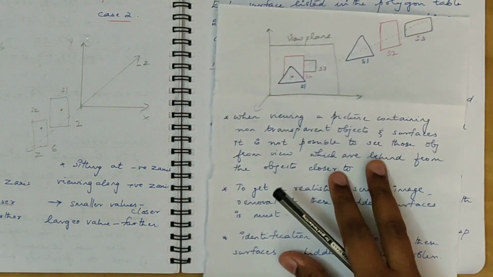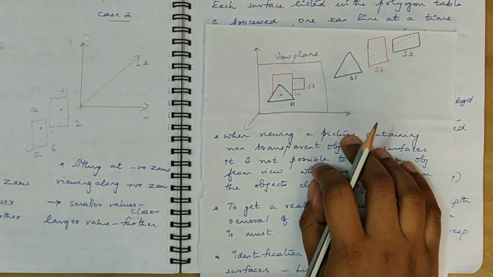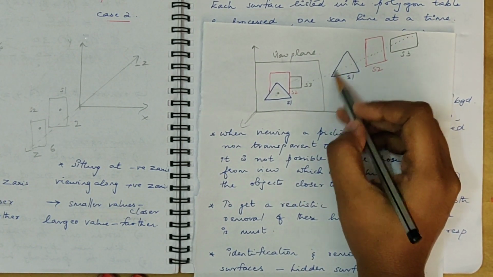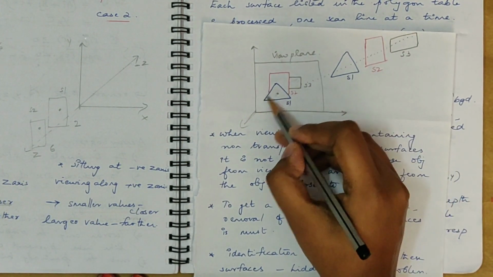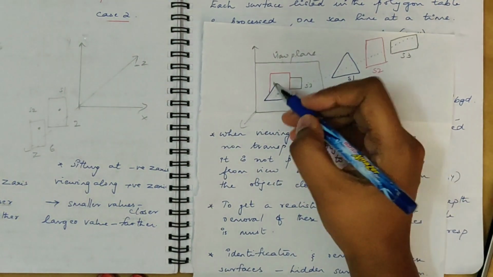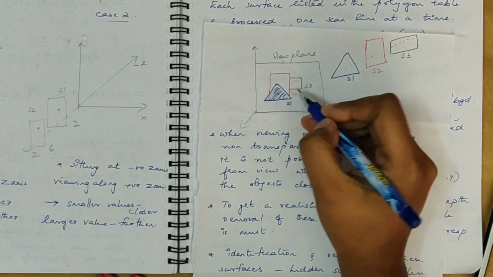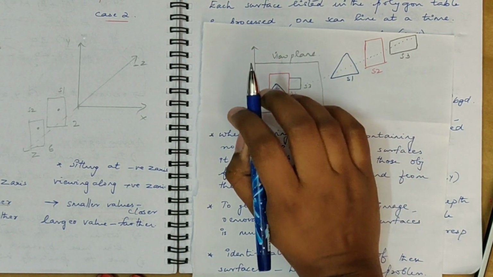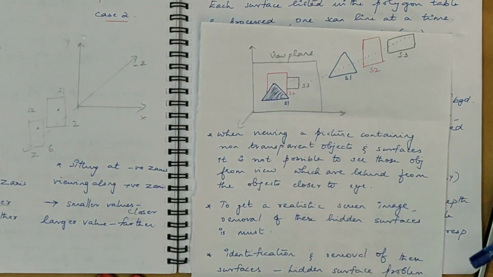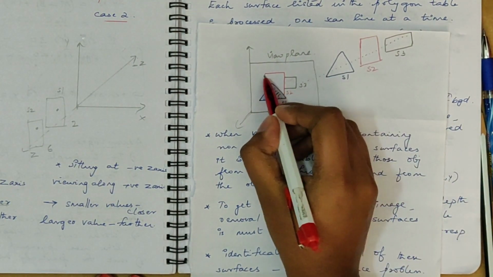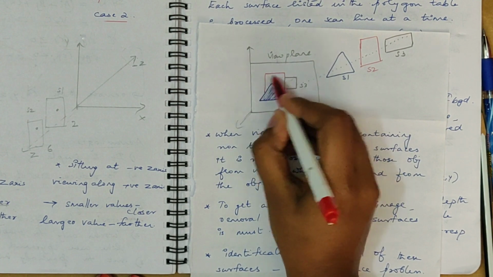Suppose the computer randomly takes surface S1 first. The depth values for these pixel positions will be stored in the depth buffer, and the intensity will be of blue color. Then it will process the next surface, S2. Initially all of it is visible.